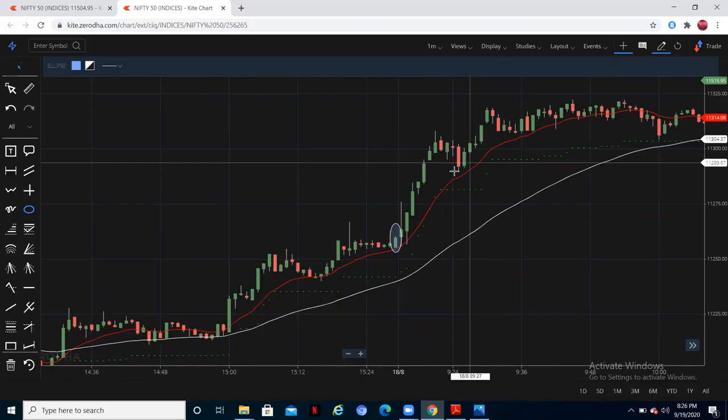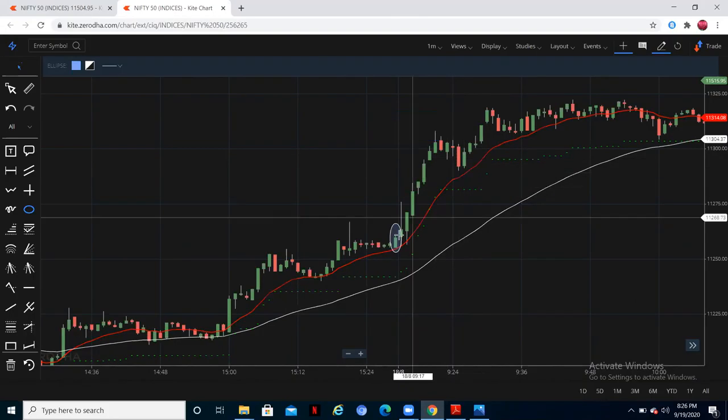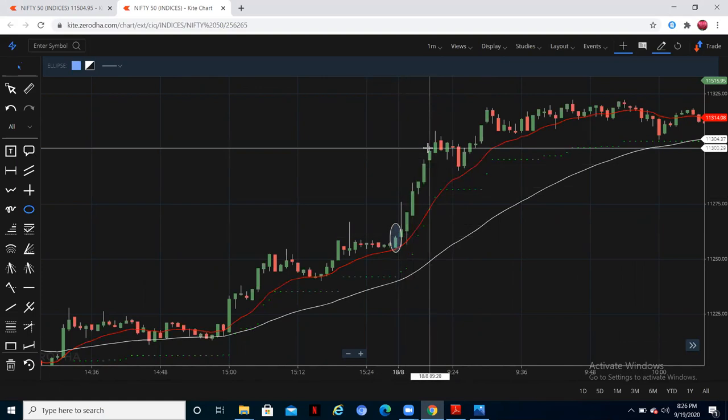Because in the live market, these moving averages are formed after the candles are formed. So first the candles are going to form. So there's only a single way to judge if the candle is safe, which is through its size. That is the reason I'm saying any candle which is small and safe in size, not big in size, not having a big shadow, that is a small candle.